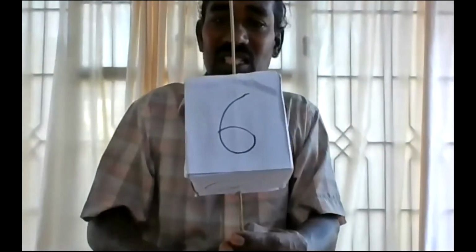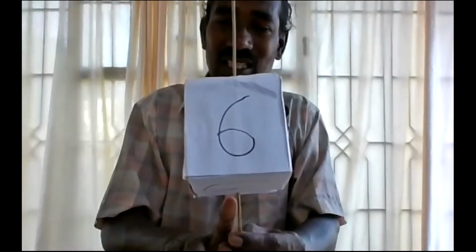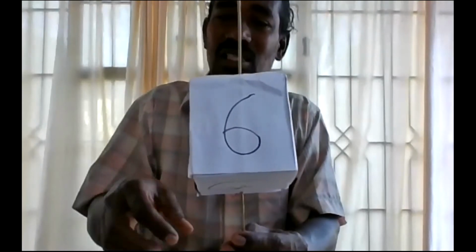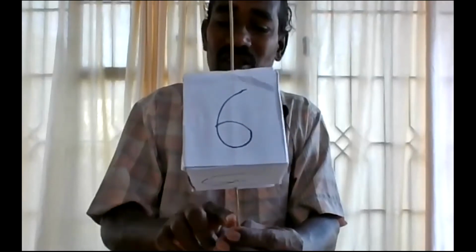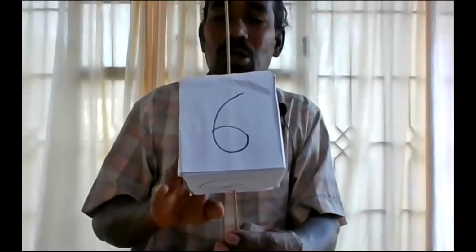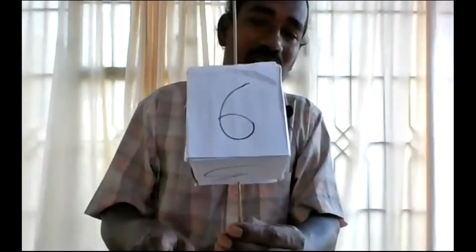Now, whether this axis is resulting in symmetry or not, that we'll see. Symmetry means we have to get similar images. Now let us rotate this cube with respect to this axis to a certain minimum angle such that we will get a similar image or not.